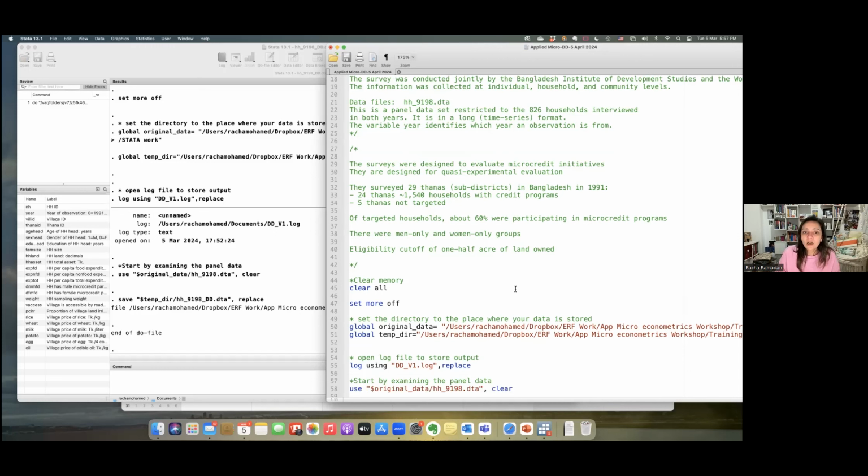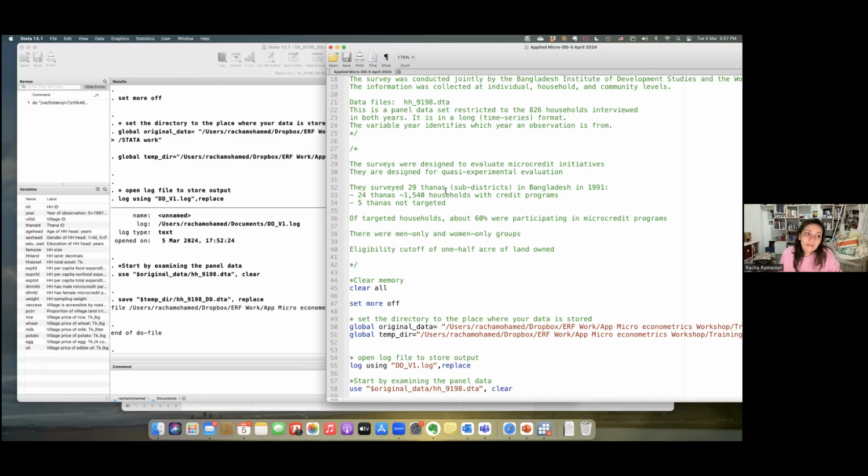The survey is divided into 29 thanas, and thanas are a kind of sub-district in Bangladesh. You have 24 thanas in the survey, and these were the thanas that had been targeted.